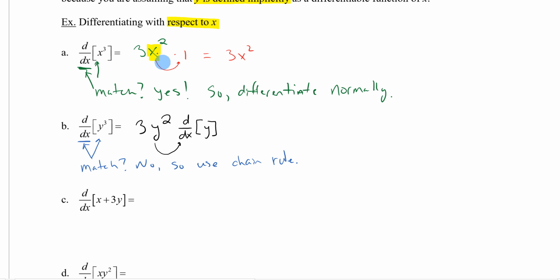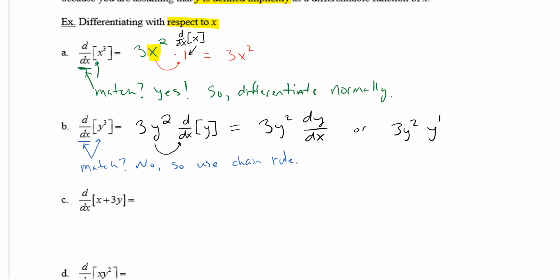We took the derivative of x. I took the derivative of x with respect to x, and that became 1. So what is the derivative of y with respect to x? Well, that is simply dy dx. Or you can say y prime, since dy dx and y prime mean the same thing.